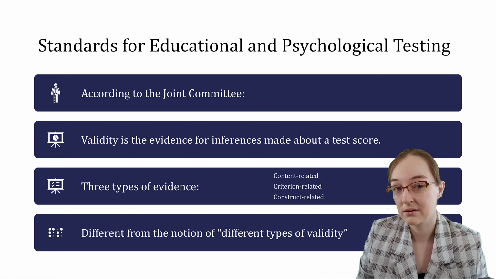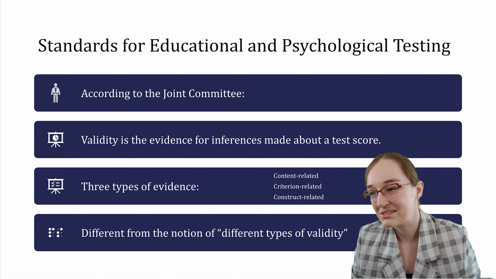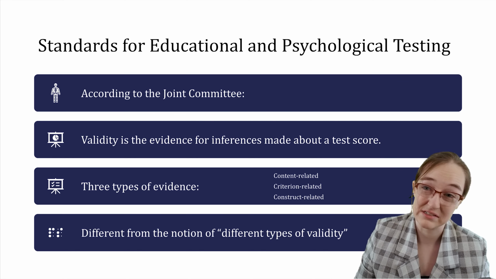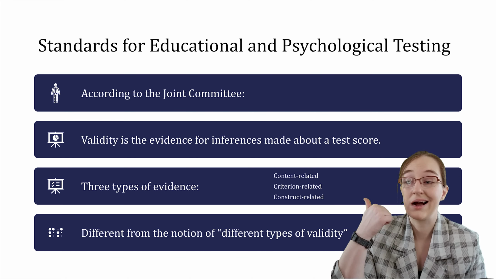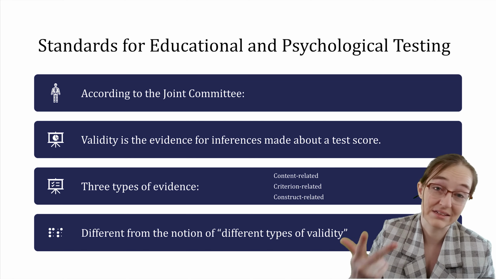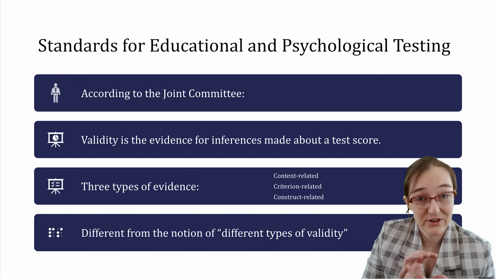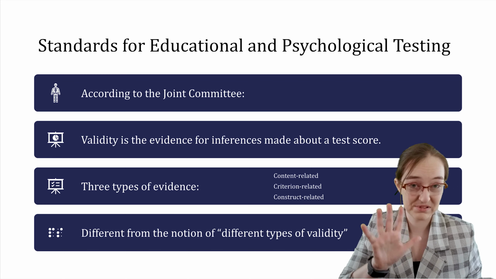Wink, wink, wink. Hopefully this is subtle enough for all of you. So yeah, the three big types of evidence, and I'll crawl through these, are content related, criterion related, and construct related. And this is different from the notion of types of validity.